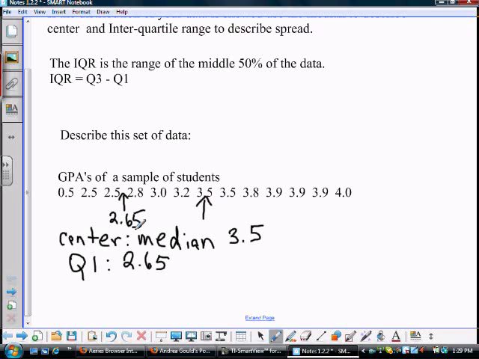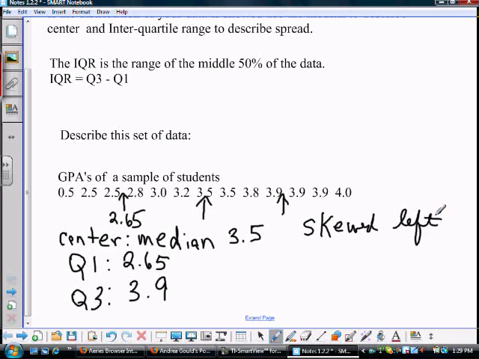All right, let's find the third quartile, which is at the 3/4 point of the data, and that's the number right in between 3.9 and 3.9, which is 3.9. And I'm describing this set of data as skewed. Which direction? Skewed left.